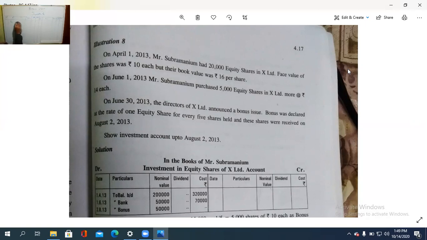So it is opening balance. To balance brought down. How much? 20,000 into 10. So that is 2 lakh, isn't it? 20 lakh. Yes.